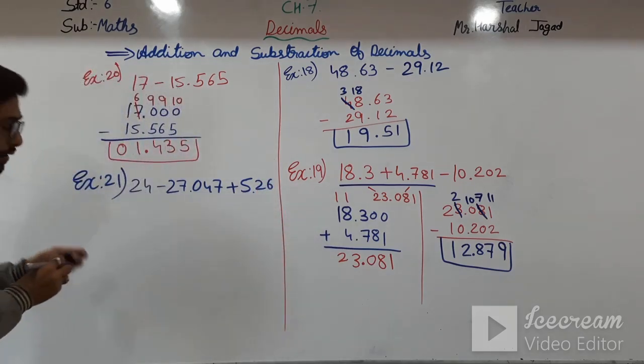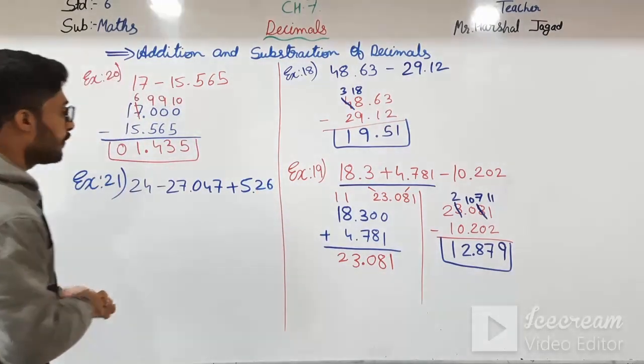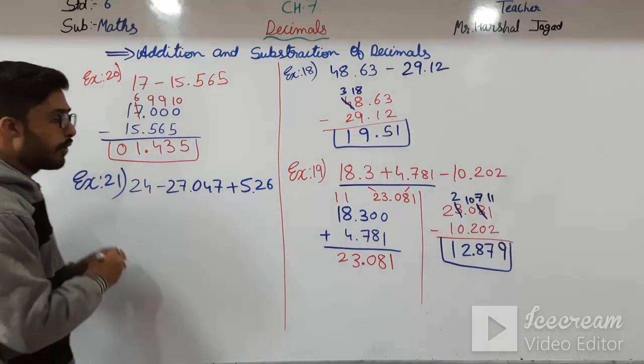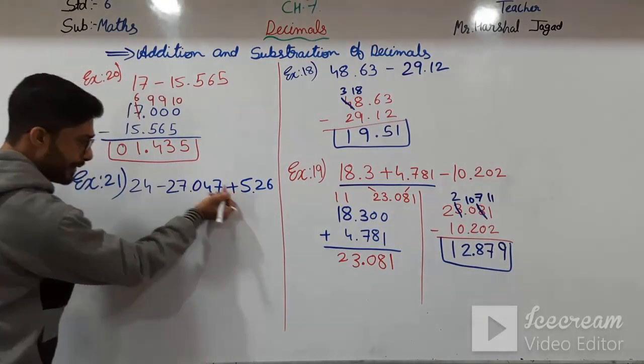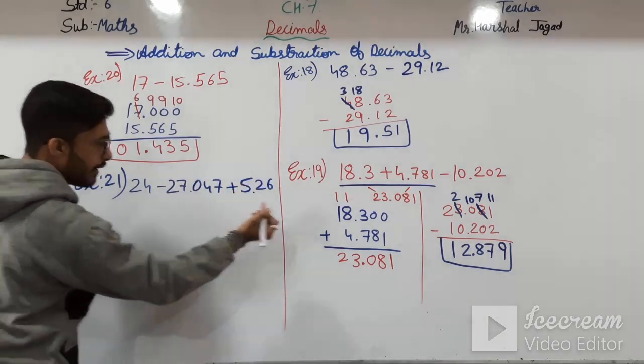So first of all, what we have to do is arrange this. How will we arrange? This plus we will take forward and this minus will go back like this.